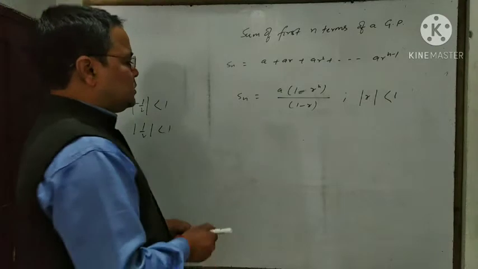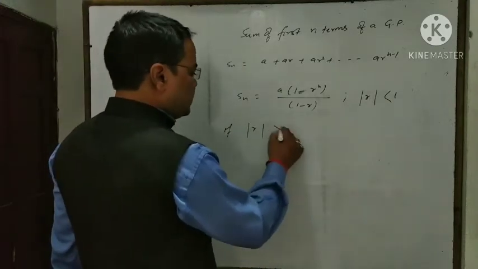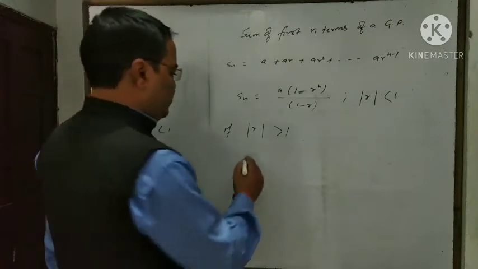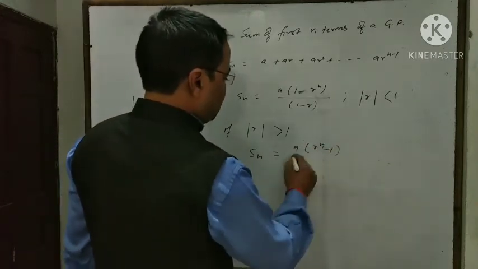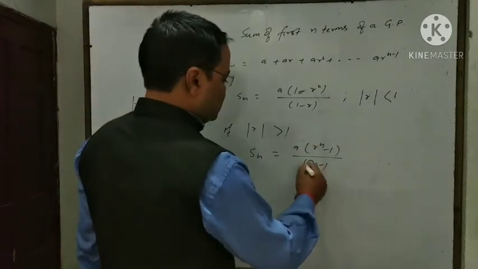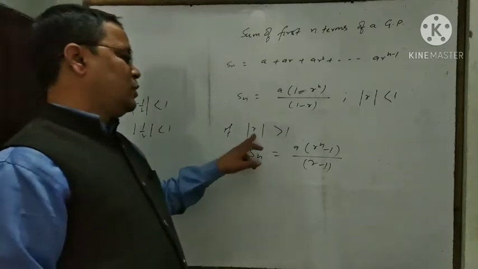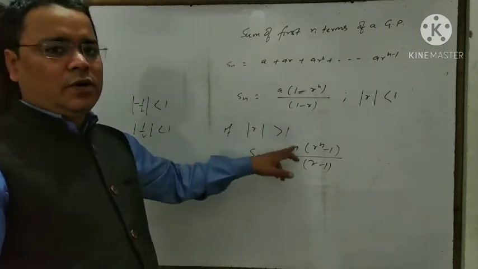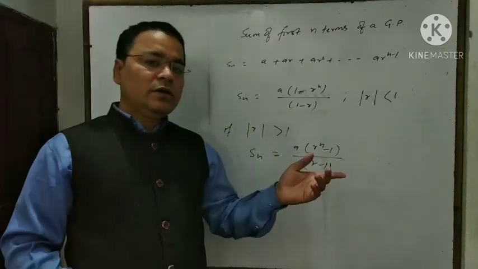But if the value of the common ratio is greater than 1, it will be better if we use Sn is equal to a r to the power n minus 1 upon r minus 1. We can use this formula when the exact value of the common ratio is greater than 1. And when the common ratio is equal to 1, that will be na.